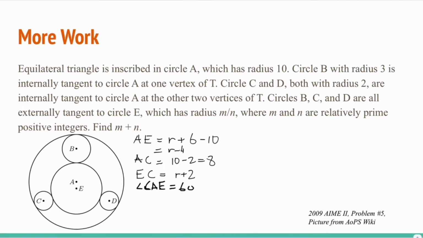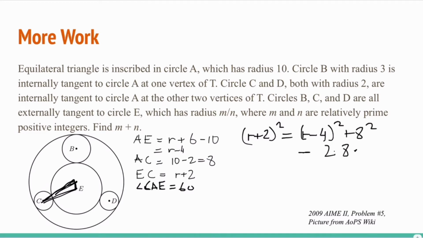Now, we can use the law of cosines on triangle CAE. This gives that (r plus 2) squared is equal to (r minus 4) squared plus 8 squared minus 2 times 8 times (r minus 4) times cos 60.